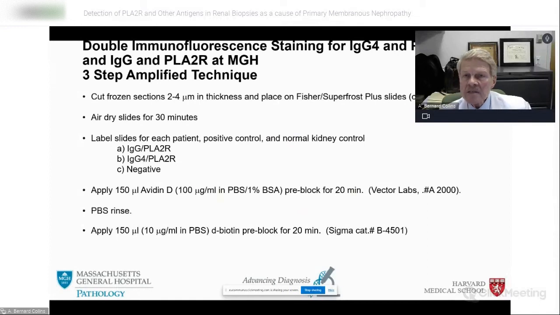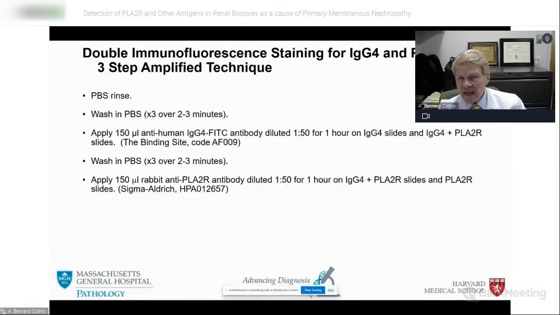What has allowed us to do that is a very powerful technique that we developed, a 3-step amplified technique for immunofluorescence that allows us to stain. It's the avidin biotin system. It allows us to stain for the antigen. We also stain for the colocalization for IgG4 at the same time.